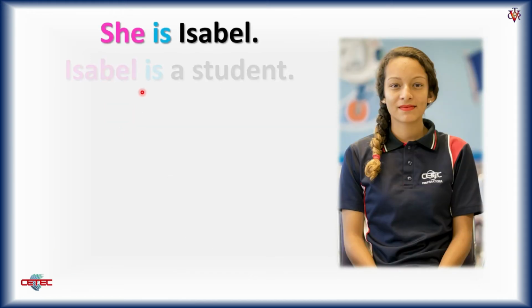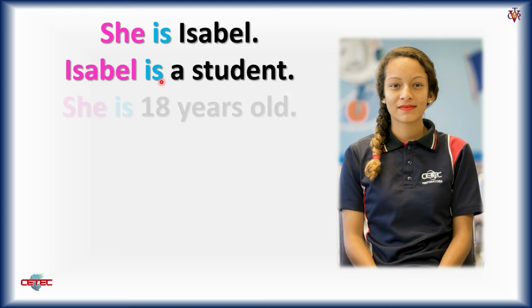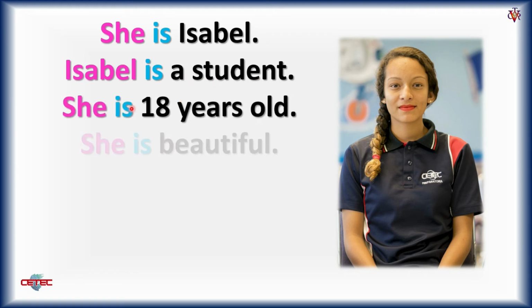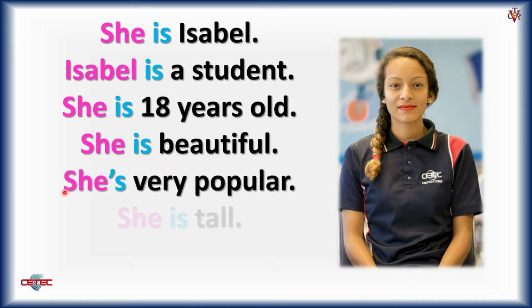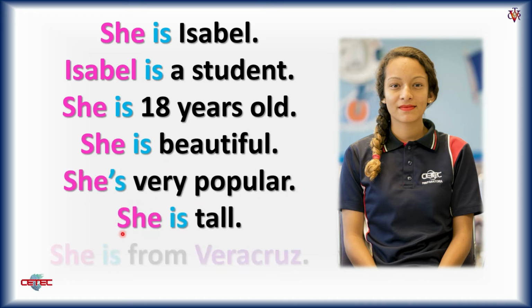She is Isabel. Isabel is a student. She is 18 years old. She is beautiful. She is very popular. She is tall. She is from Veracruz. That person, we know they can use the adjective and to describe any characteristics of this person.